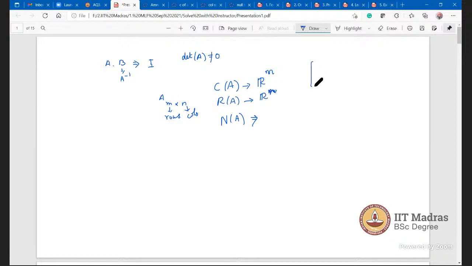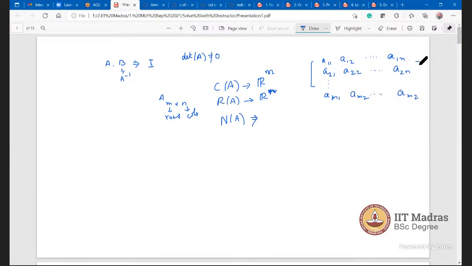See, for example, we have a matrix like this: a11, a12, up to a1n; a21, a22, up to a2n; and am1, am2, up to amn.